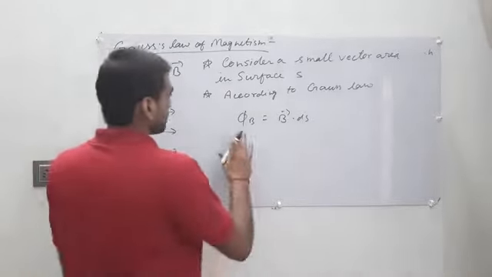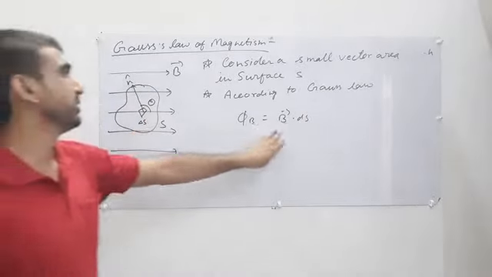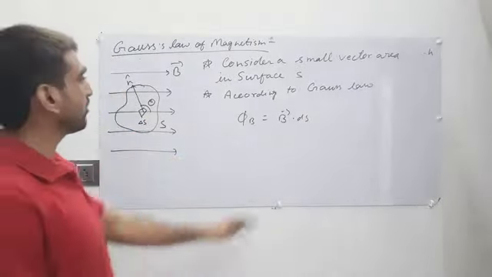So the magnetic flux through this unit vector area is B dot ds.